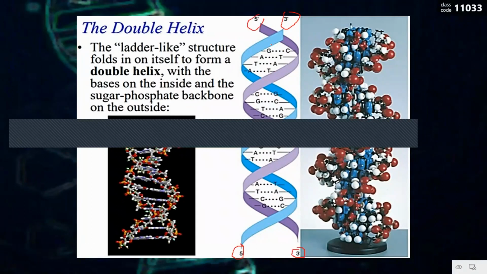Bakit? Nakabase yan doon sa pentose sugar natin, kung ano yung end ng ating pentose sugar. So, they are connected by a hydrogen bond existing between the base pairs natin. So, it forms the ladder-like structure or the double helix structure of our DNA.